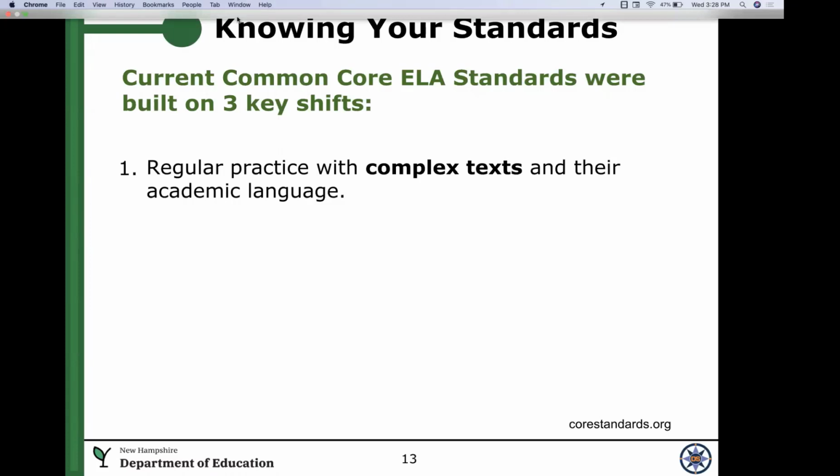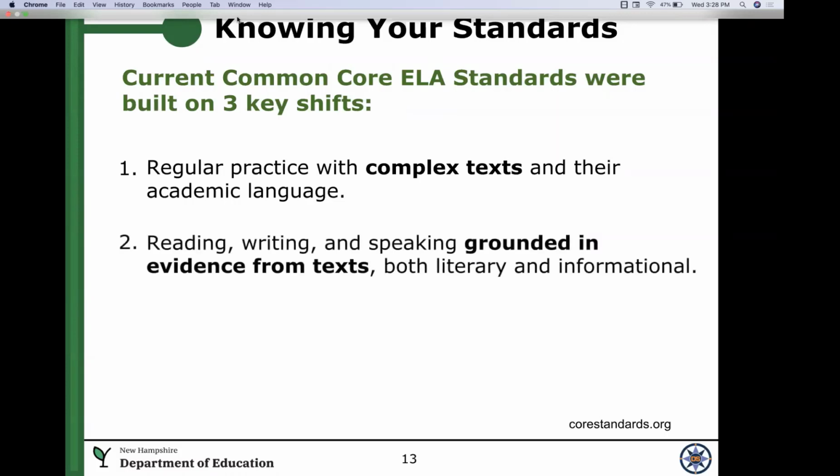Skills cannot be considered mastered when they're only practiced in isolation. So these standards call for a staircase of increasing complexity of texts, which students must read in order to be really ready for college, career, and life beyond that. This requires students to grow their vocabularies through conversation, direct instruction, and reading of those complex texts.